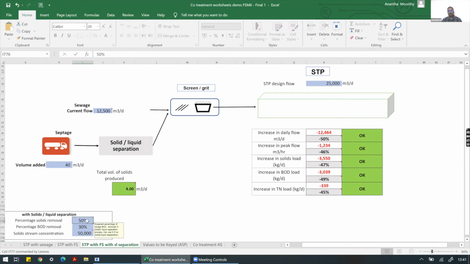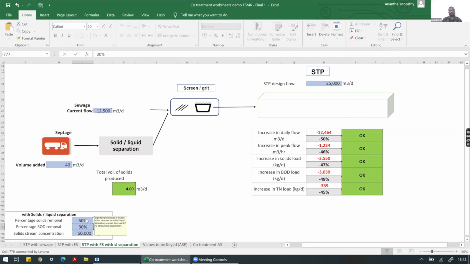Depending upon what kind of solid liquid separation technology we choose, it could be a screw press, a gravity thickener, a centrifuge, a belt press, or any other system that is robust enough to handle and do a quality separation, like 50% or 60% of your liquids separated, and concentrate and give you a thick and condensed solid stream that can further be co-treated within the existing solid handling capacity of the STP.